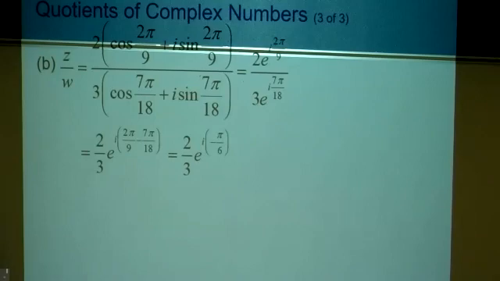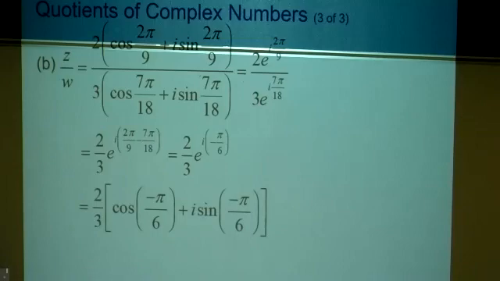That's the same thing I had. I just played with where you put the i, that's all. If you're consistent where you put the i, it shouldn't be a problem. And then they rewrote it in polar form.